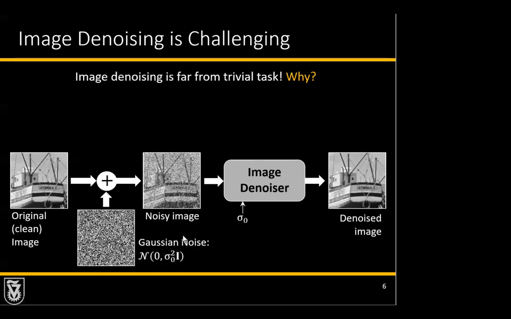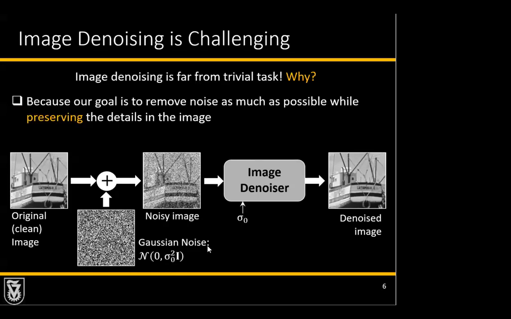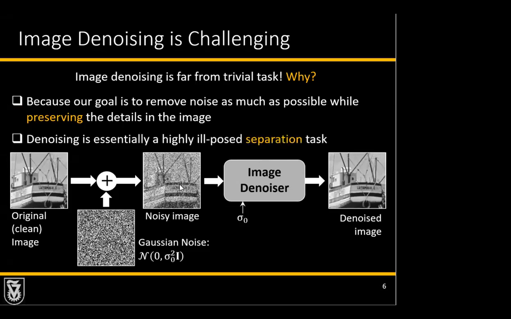Now, this is far from a trivial task, because basically our goal is to remove as much noise as possible from the noisy image while preserving the details that were originally in the image. Basically, we're talking about an ill-posed separation task. We get the noisy image, and when we want to separate it to its original image, as well as the noise.